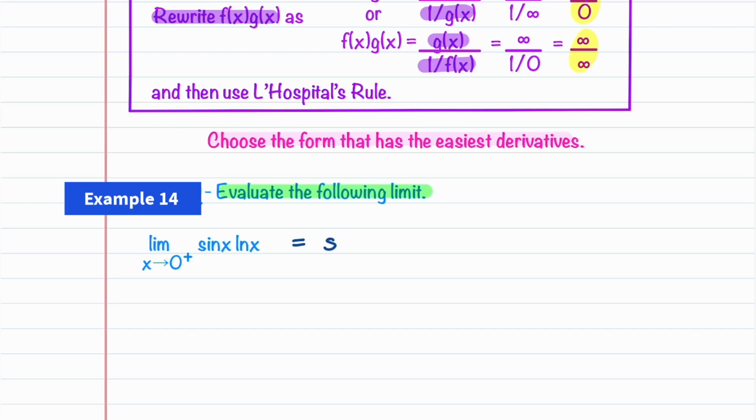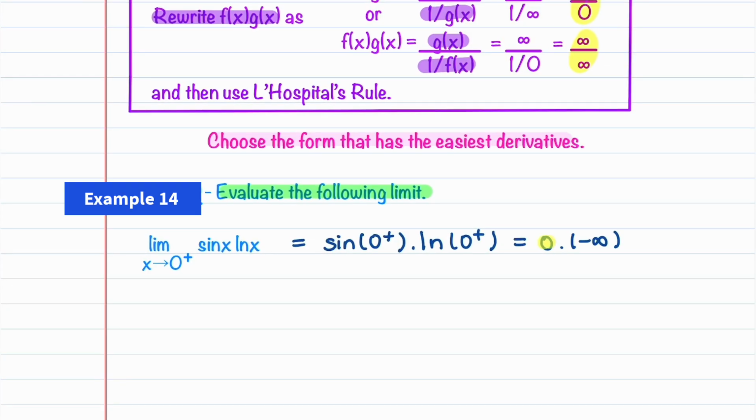So this is sine of 0 from the right times natural log of 0 from the right. Sine of 0 is 0, and then the natural log of 0 from the right is minus infinity. So we get the indeterminate form 0 times infinity.